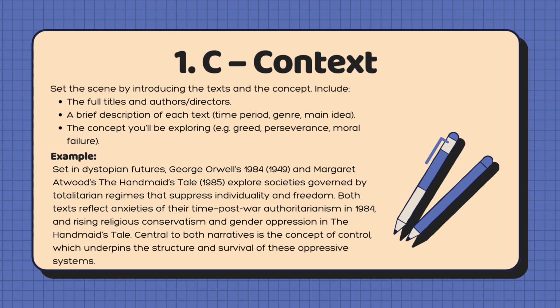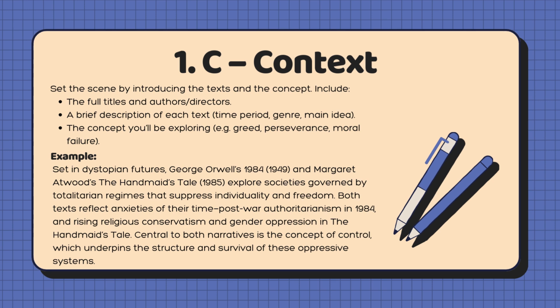So here's what I did. I introduced both texts with full titles, authors, and dates. I gave each text a short summary that includes their genre and those key concerns. I named my key concept of control, and I started showing how it connects to both those narratives.